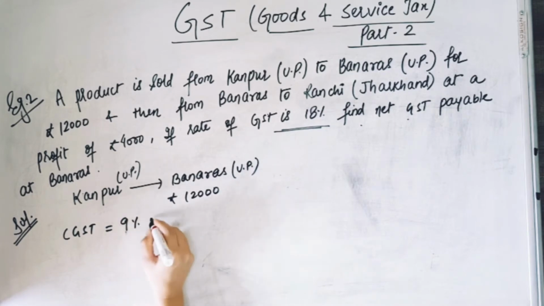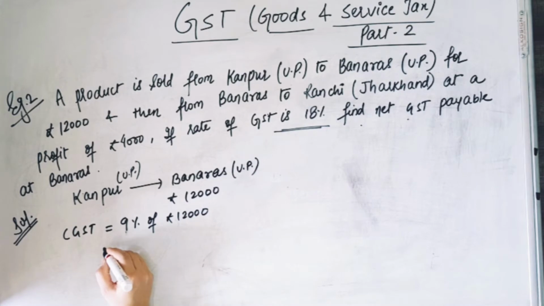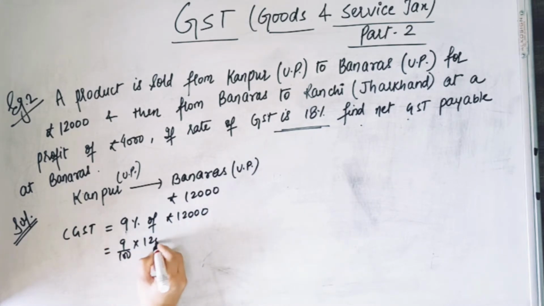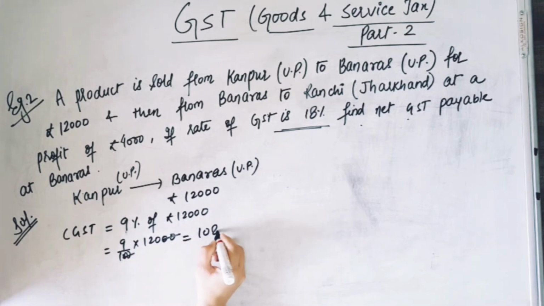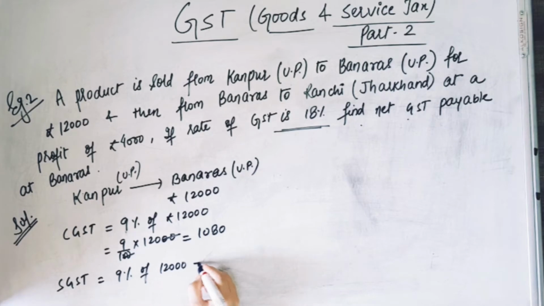So CGST will be 9% of rupees 12,000. So it will come to be 9 by 100 into 12,000. This 0 and the 0 will be cancelled out. It will come 1080. Similarly, we'll calculate SGST, 9% of 12,000. Again, it will be 1080 only.